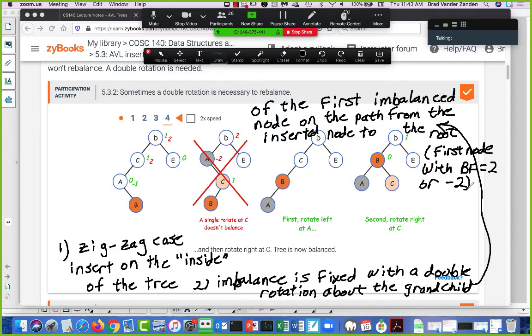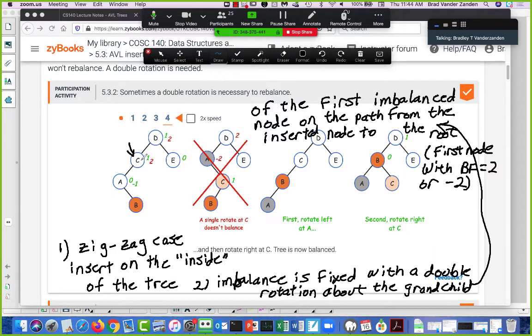Then you need to determine whether it is a zigzag case or a zigzag case, and the name should help you make that determination. When we're at the imbalanced node, here the imbalanced node was C, we look toward the node that was inserted.